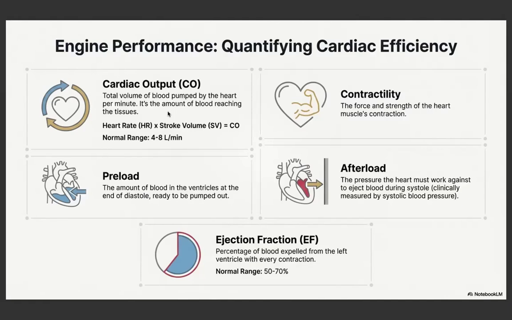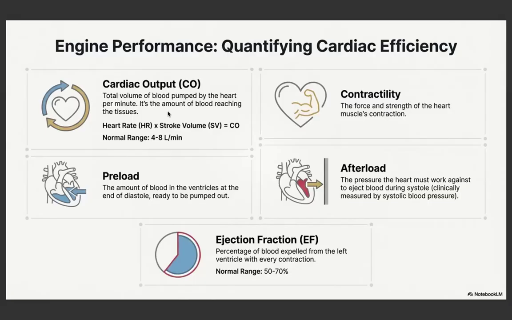Contractility is how strong that heart muscle is and whether or not it's effectively contracting to get blood to move to other portions of the body. Preload is the amount of blood that's left in the ventricles at the end of the diastole. And afterload is how much the heart has to work to force the ejection of blood into another area during systole.